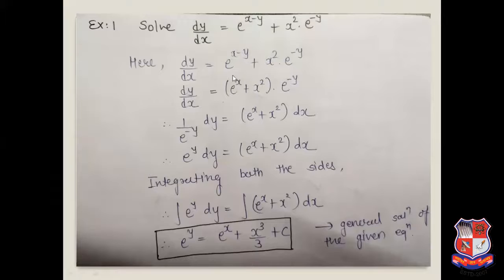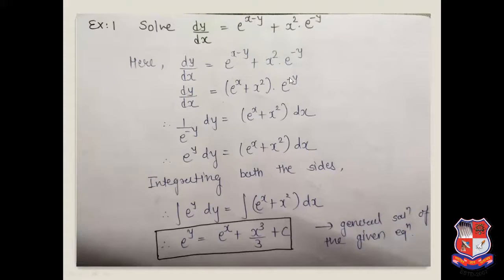We can write e raised to (x minus y) as e raised to x into e raised to minus y. So e raised to minus y is common in both the terms, so first we take e raised to minus y as common. Now dy by dx equals (e raised to x plus x square) into e raised to minus y.